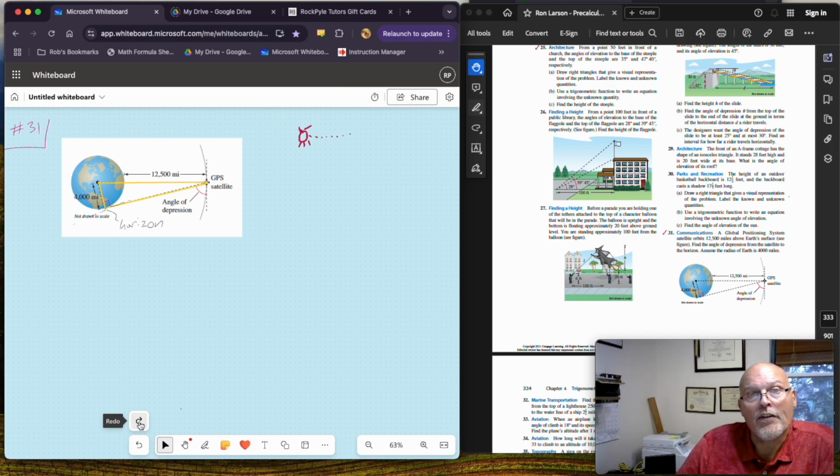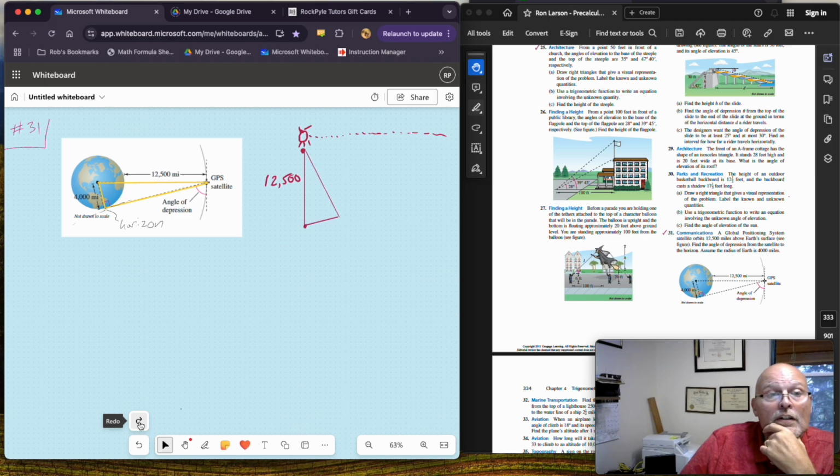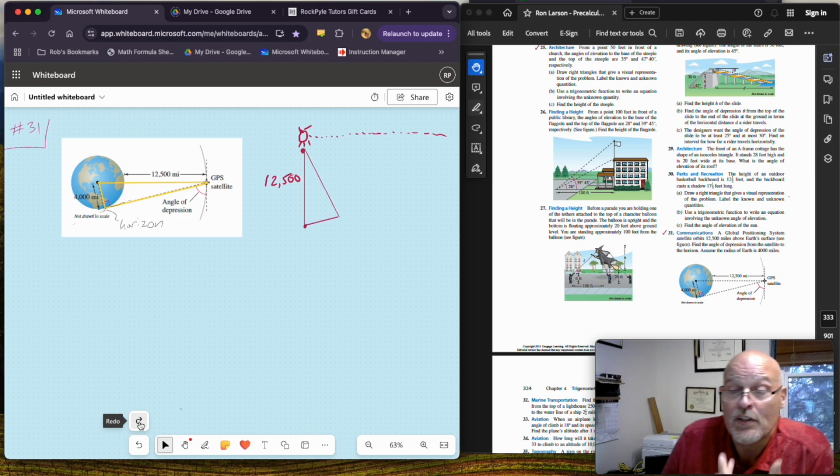So the satellite, although it's on a curved path, right now it's heading tangent to its path. So let's say it's going that way. They're telling us that it is 12,500 miles above the surface of the Earth. And then they're going to take 4,000 miles over to the horizon from the GPS, from the satellite's point of view.